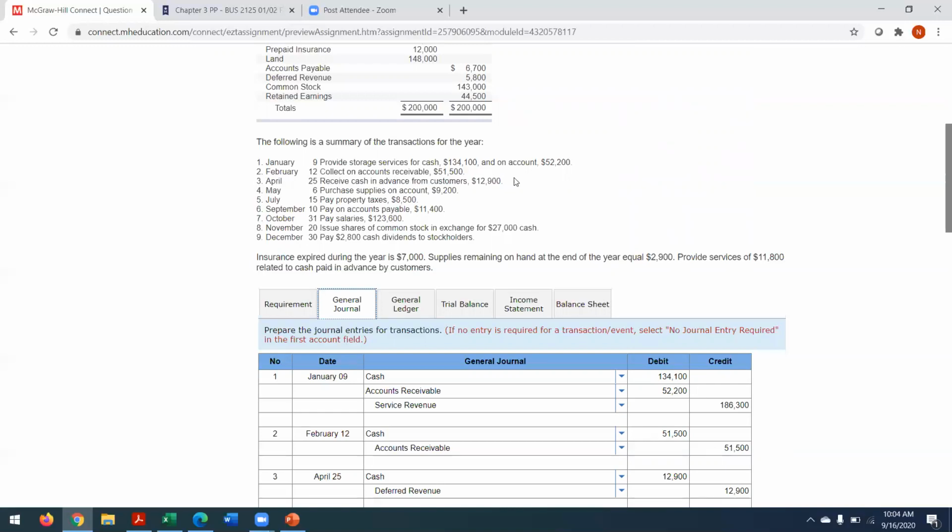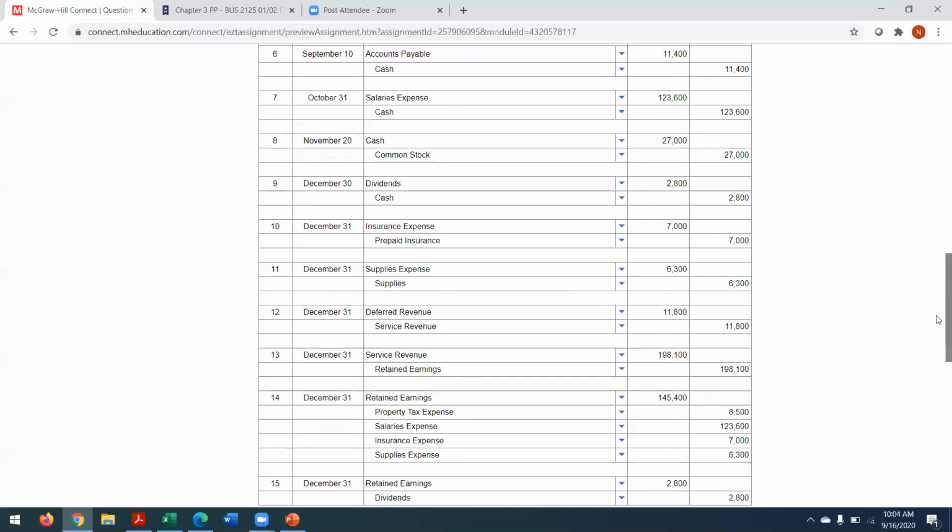But it's telling us we provided 11,800 in services. So wouldn't we debit deferred revenue 11,800 and we credit our service revenue of 11,800? That makes sense?